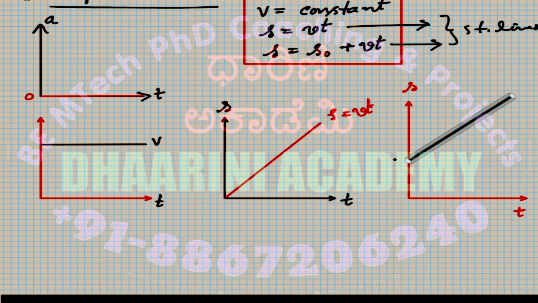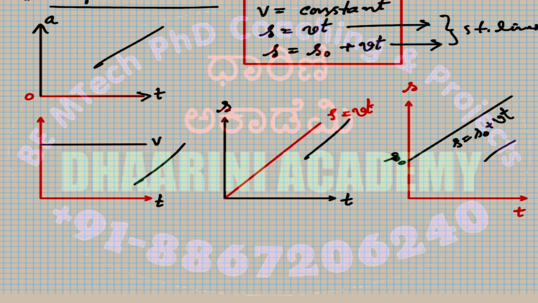So this will be the initial value of S, that is S naught. This equation is nothing but S equal to S naught plus velocity into time. That's the equation.